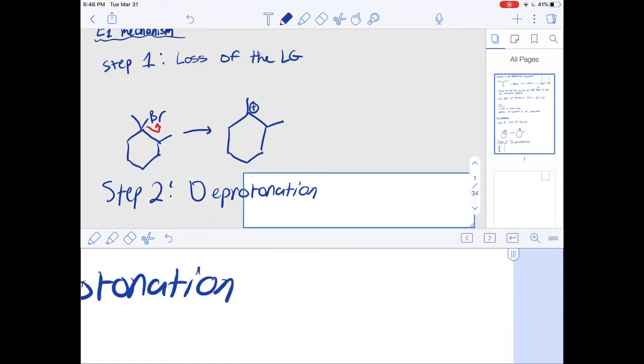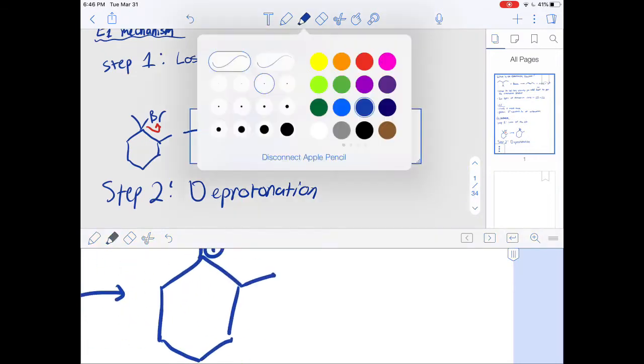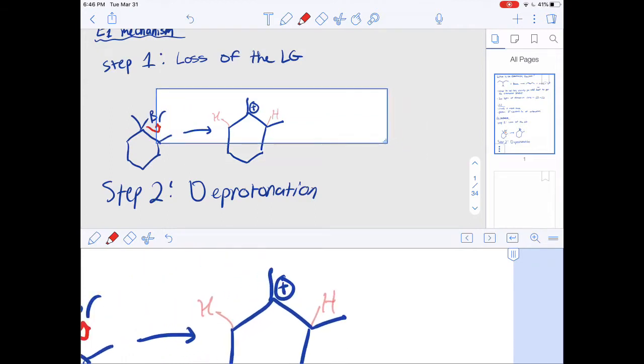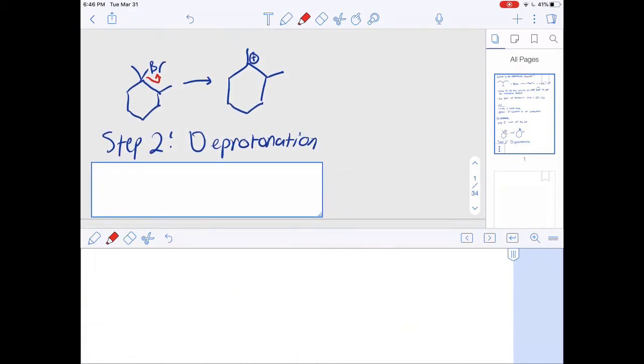So it's going to pull off a hydrogen adjacent to the carbocation. It could either pull off this hydrogen or this hydrogen. Which one it picks is going to depend on which is going to make the more stable double bond. And I'm going to show you what that means in a second when we get to this step. So step 2, deprotonation.